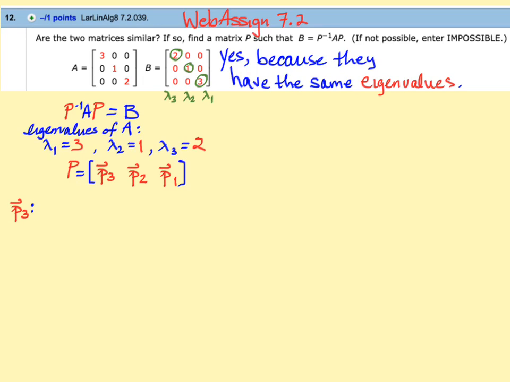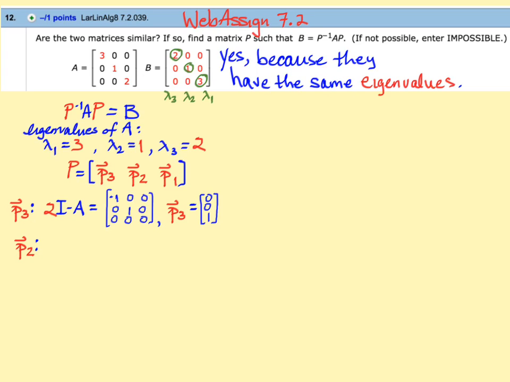We're going to find P3 by finding the null space of lambda 3 times I minus A. Lambda 3 was 2, so 2I minus A is this matrix. And we can tell by looking at it that the null space is spanned by the vector P3, which is 0, 0, 1.